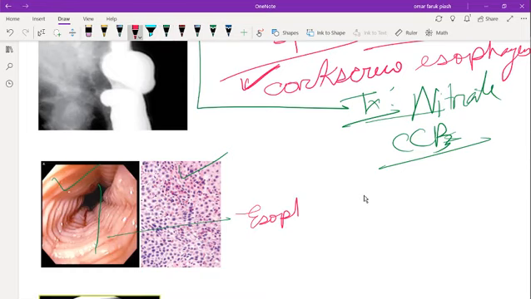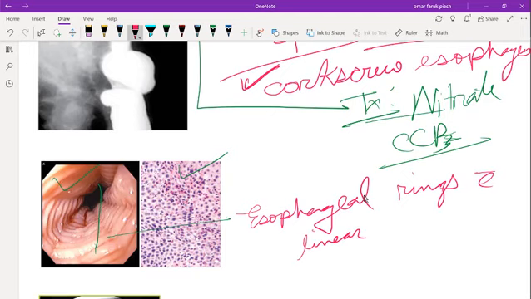You have to remember this, that in eosinophilic esophagitis there are esophageal rings with linear furrows. And it is usually seen in atopic patients.